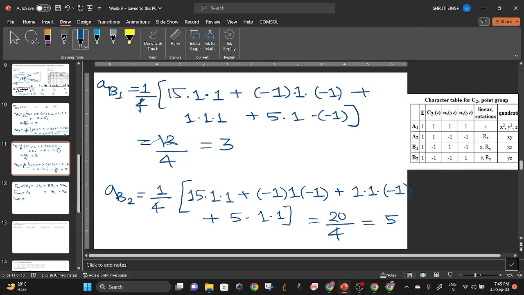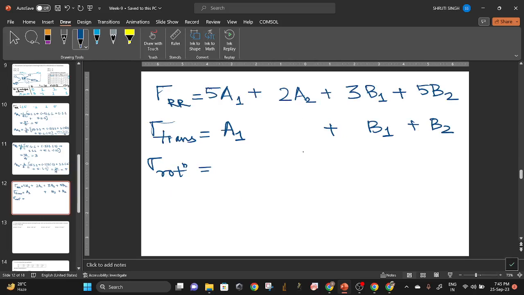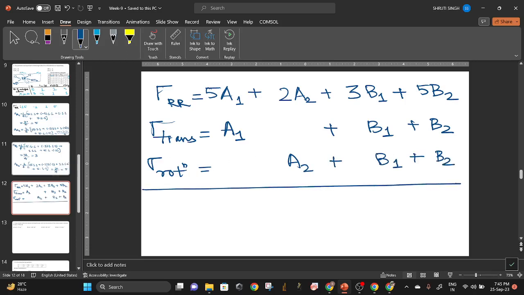What will be the rotational modes? A2, B1, B2. Yeah, correct. So this will be A2, B1, B2. Now, if you subtract these two from this total, you will get vibration.